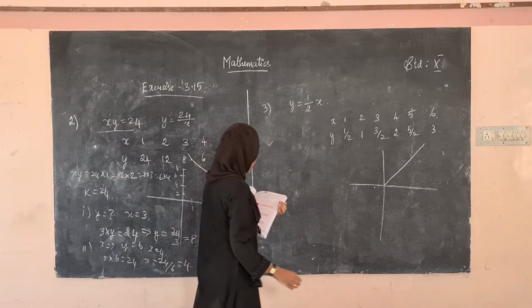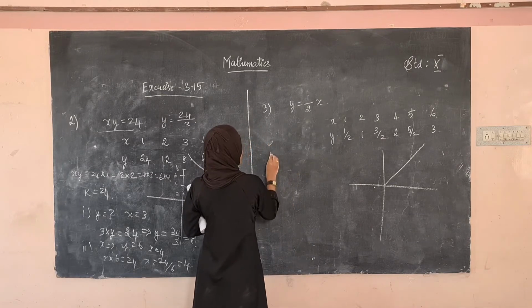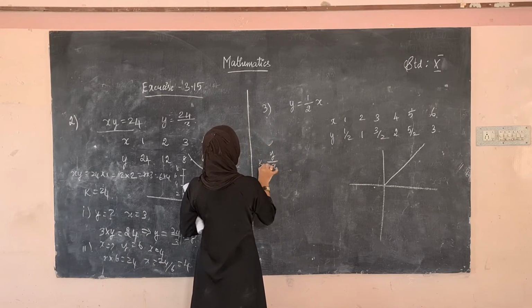So what's the constant of variation for the direct variation? How can you find the constant of variation? k is equal to y by x.